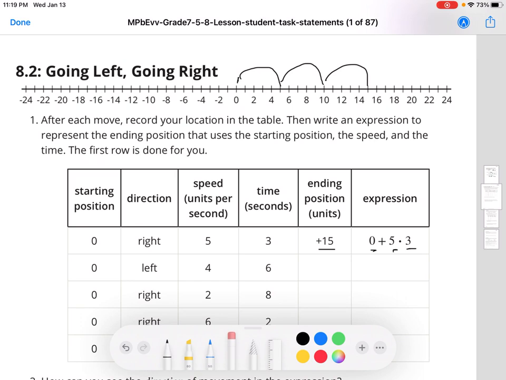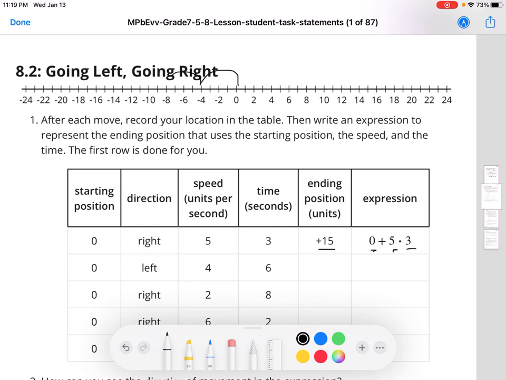So on the next one, starting at 0, we're moving to the left 4 units per second for 6 seconds. So what would the ending position be? Okay, so every second we travel 4 units going left, for 6 seconds.